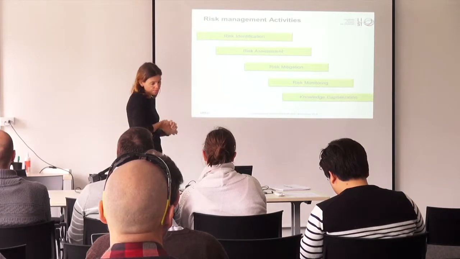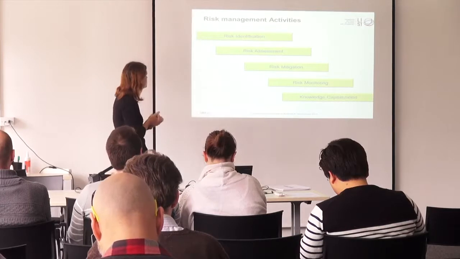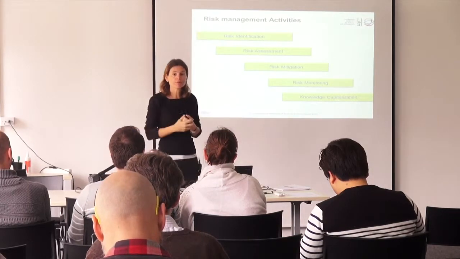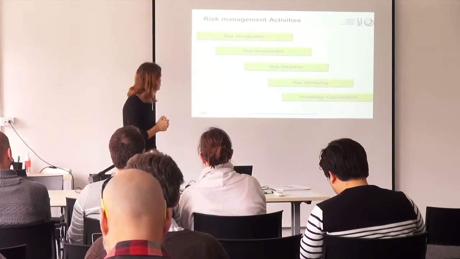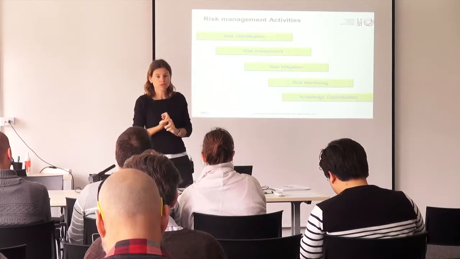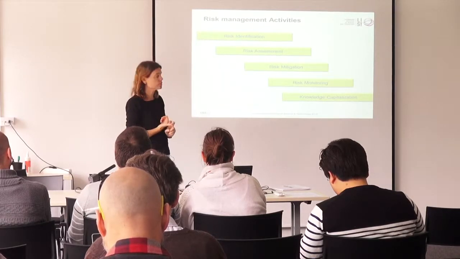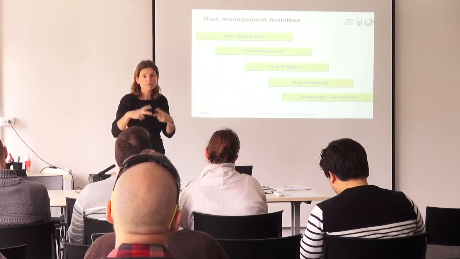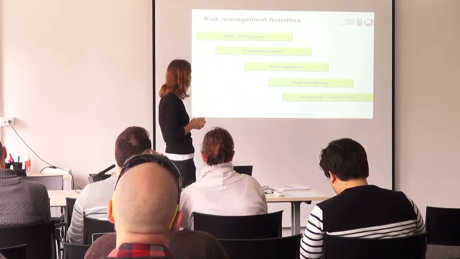Okay, so let's talk about risk management activities in more detail. As we've said with the example of the travel to Brussels, you have a first step about risk identification, so defining the different risks. Then you have risk assessment, where you measure the probability and impact of your risks.